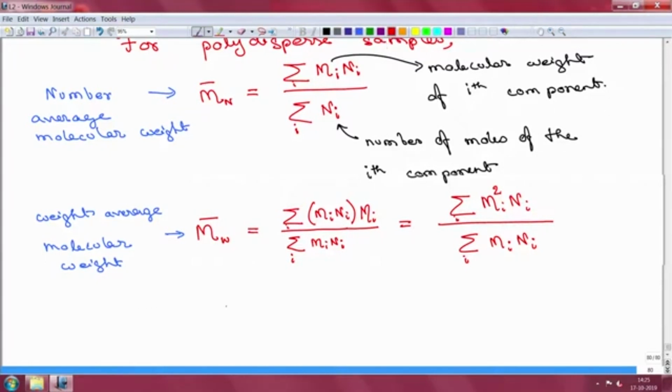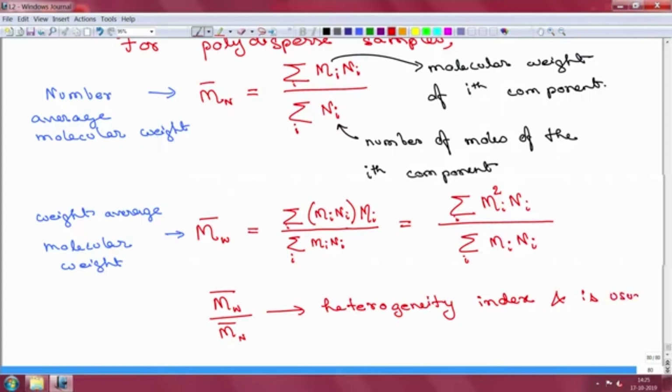So, this ratio Mw by Mn, it represents the heterogeneity in the sample, it is a heterogeneity index, and is usually taken as a measure of polydispersity.